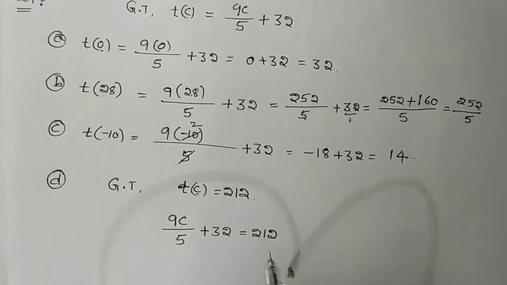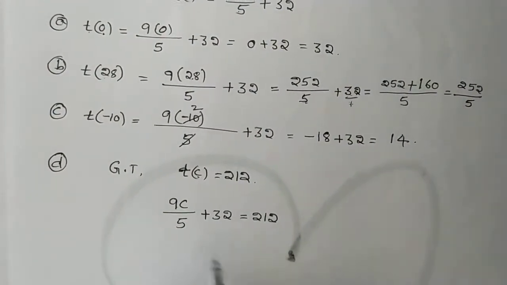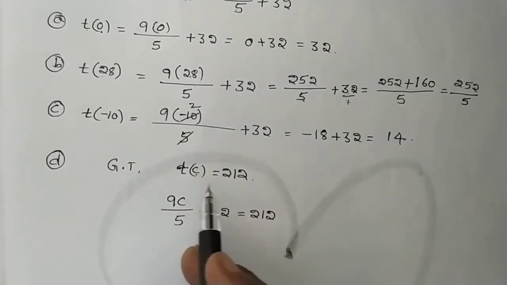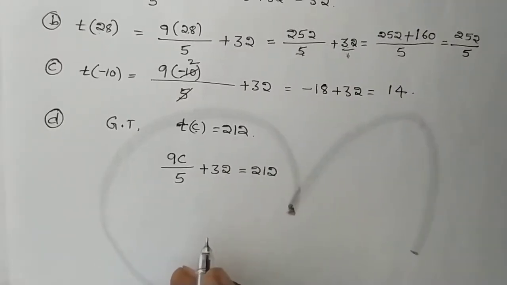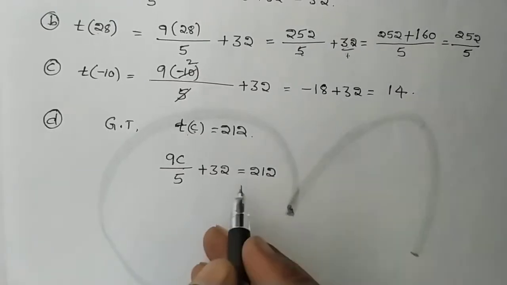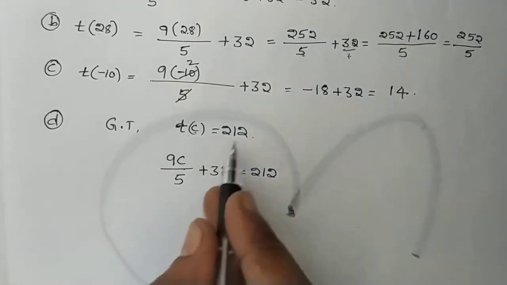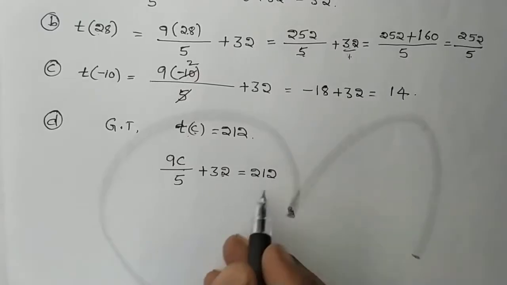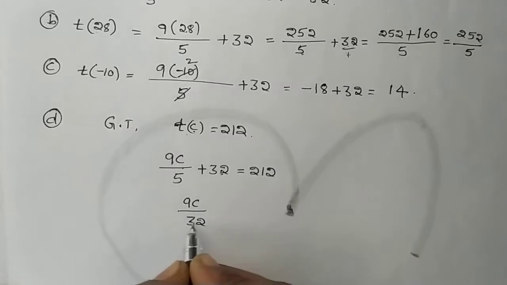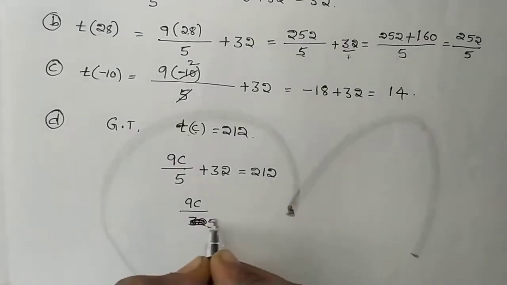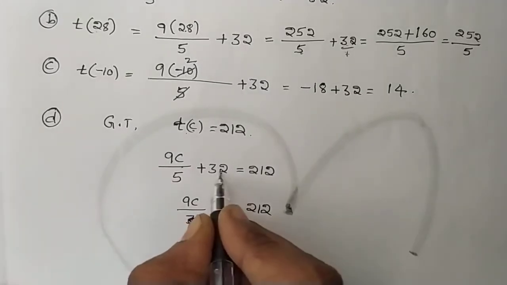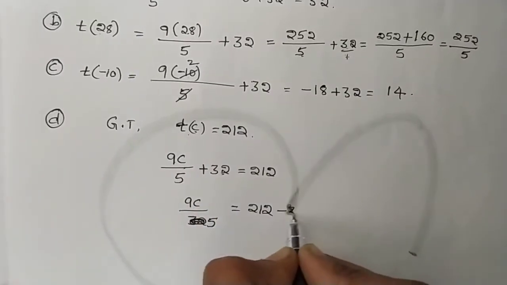Now you just simplify it by taking the LCM, and finally we will get the value of C. Send this 32 to the right, it will be minus 32.